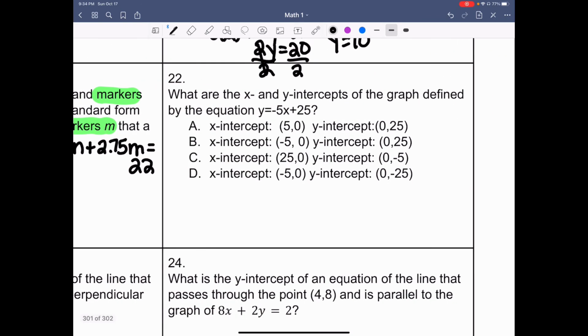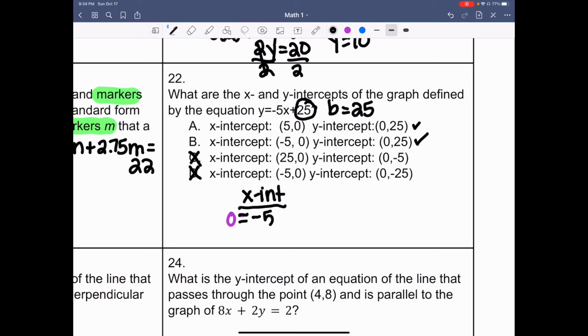All right, for 22, it says, what are the x and y-intercepts? So again, my y-intercept is going to be 25. If I look at the y-axis, this one has positive 25 for A and B, so C and D are gone. And then we're going to plug in 0 for my x-intercept. So for the x-intercept, we're going to plug in 0 for y.